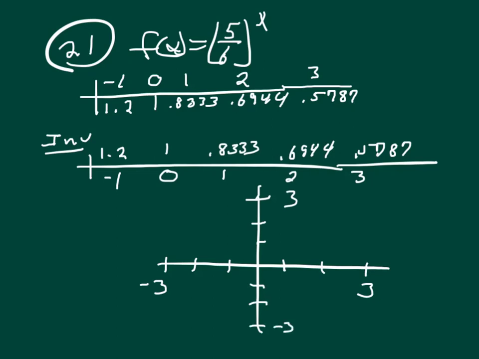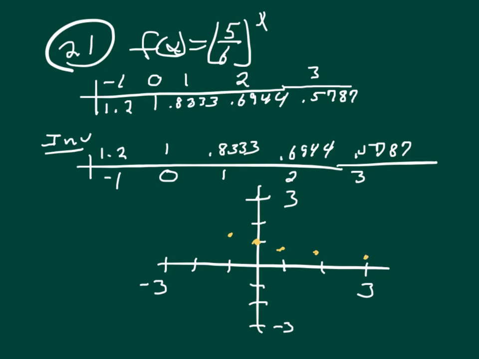First of all, let's use this color yellow. So I'm at negative 1, and I'm about 1.2, so right there. Then I go 0 at 1, and at 1, I'm 0.8333. At 2, I'm 0.6944. At 3, I'm 0.5787. Okay, so there's that one.